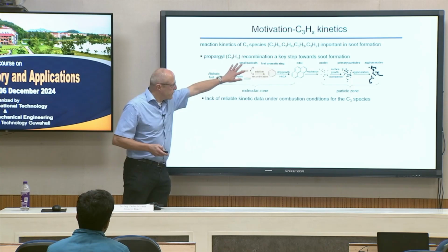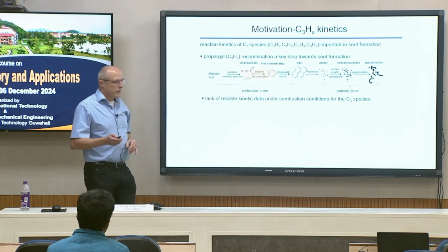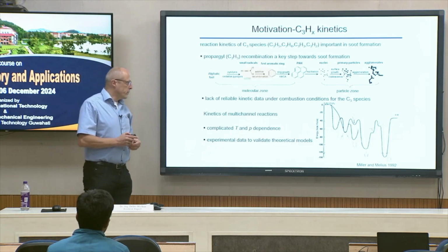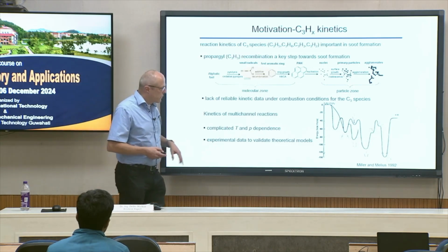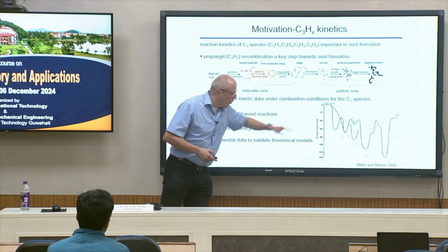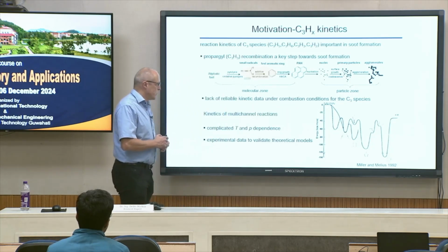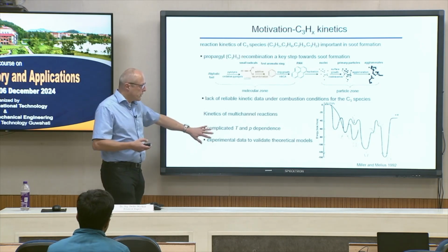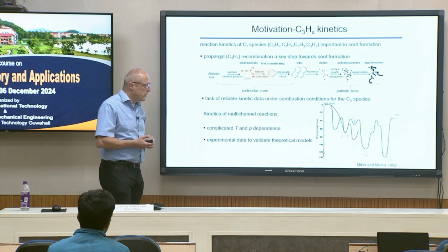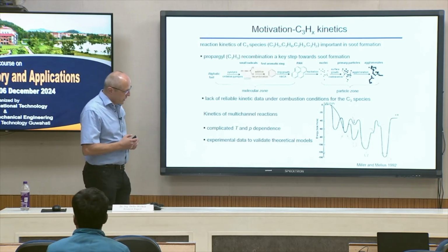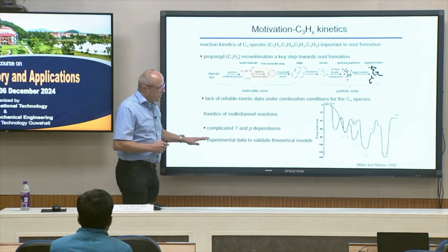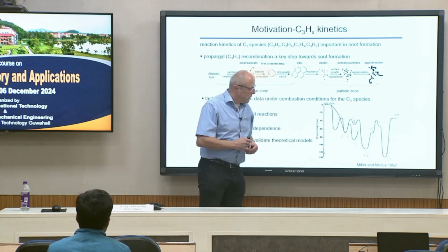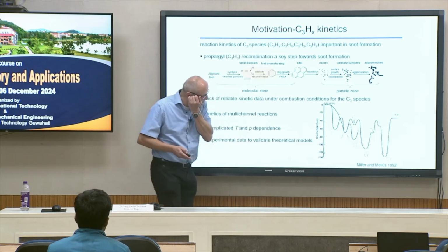And of course, this initial part is very, very important. But again, we have to consider it's a multi-channel reaction, or we have multi-channel reactions with complicated temperature and pressure dependency, and we need this experimental data to examine the theoretical considerations we have here.